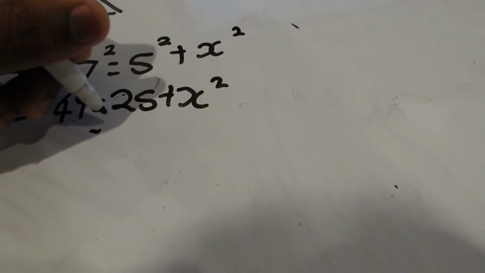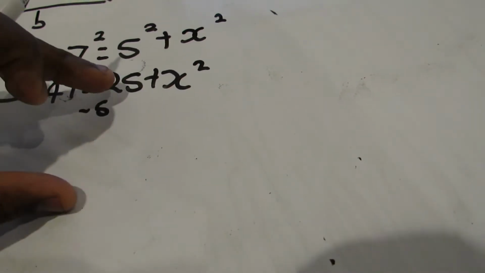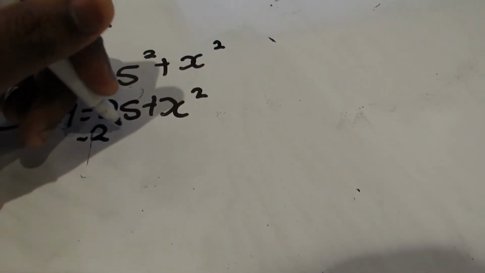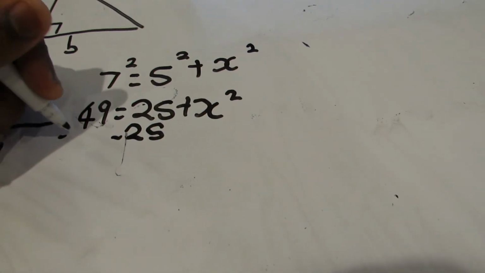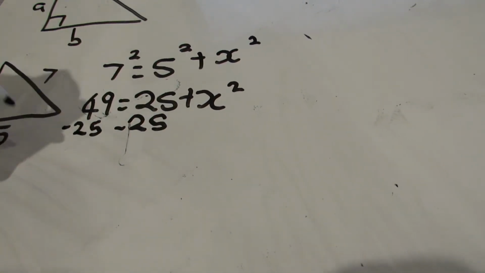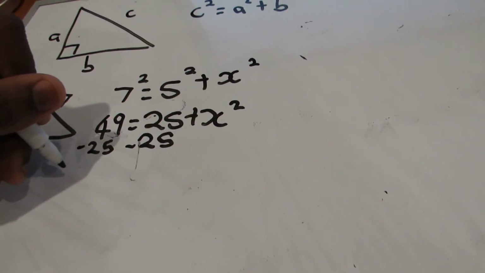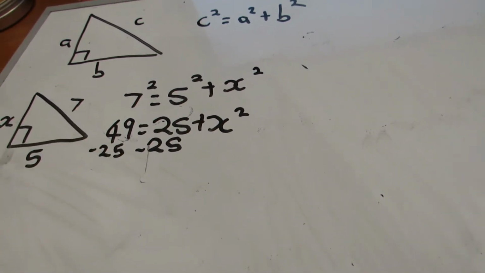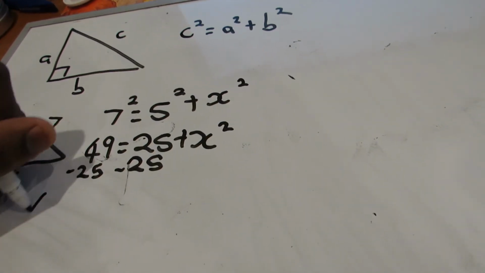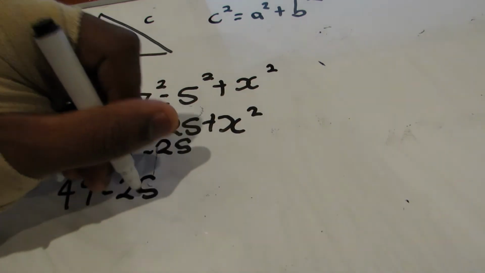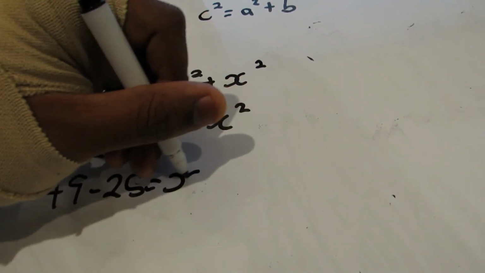Minus 25 here, and minus 25 here. So now the equation will be written as 49 minus 25 equals x squared.